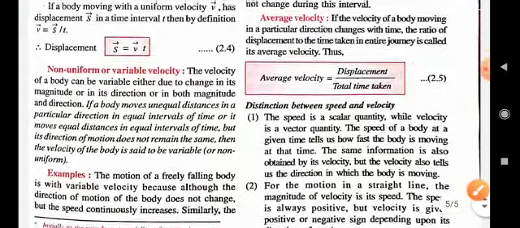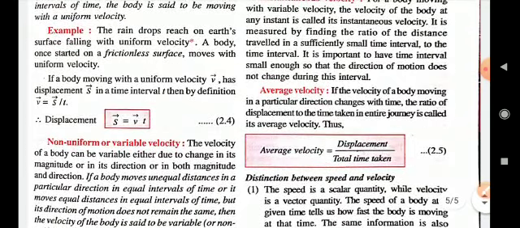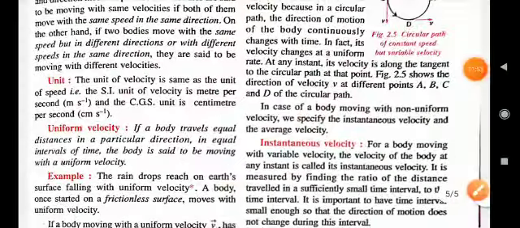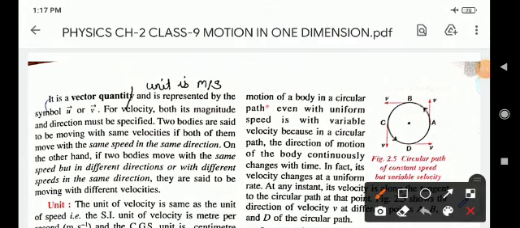Okay children, so average velocity is equal to displacement upon time taken by the object. Next part.